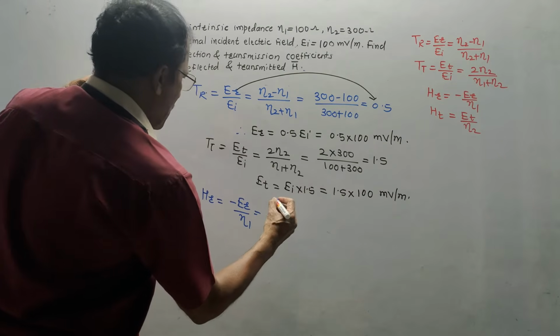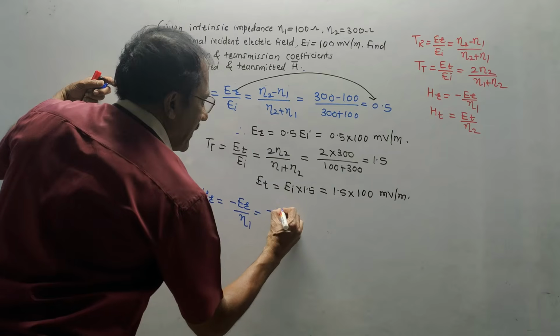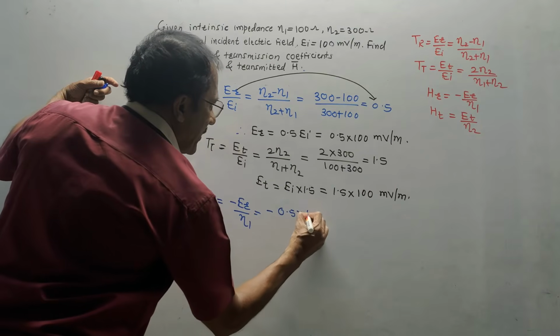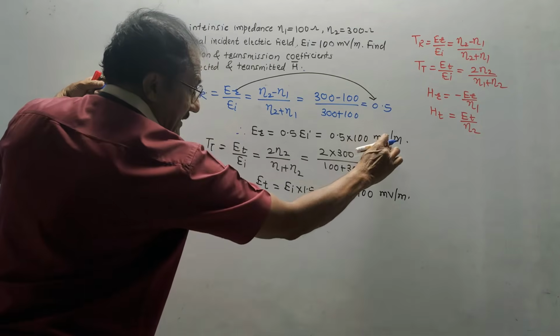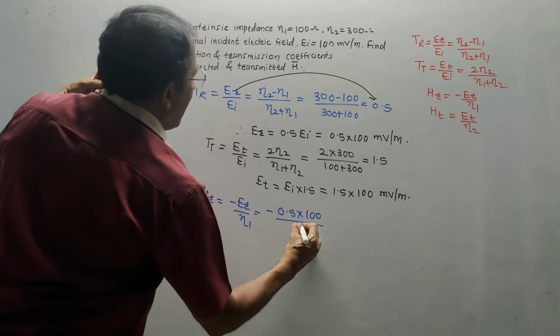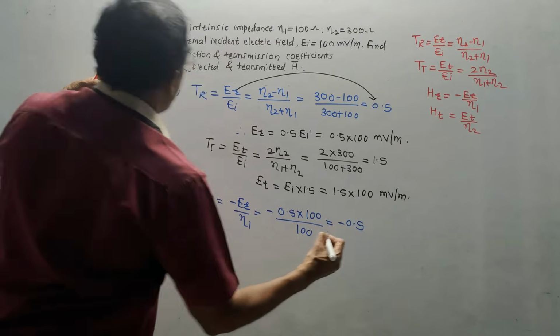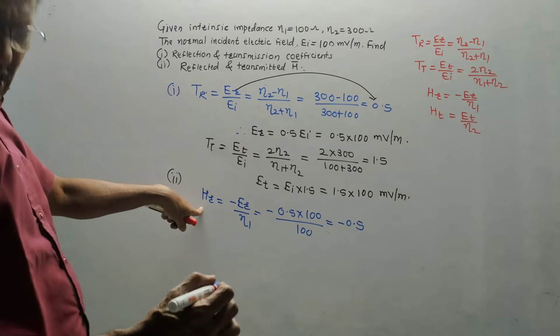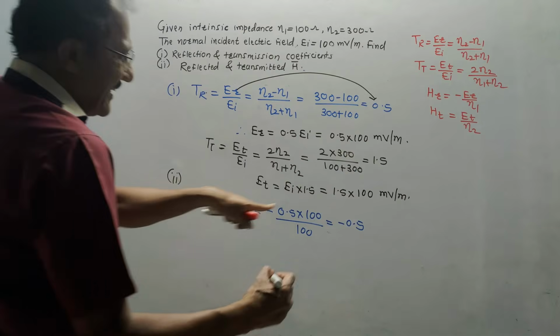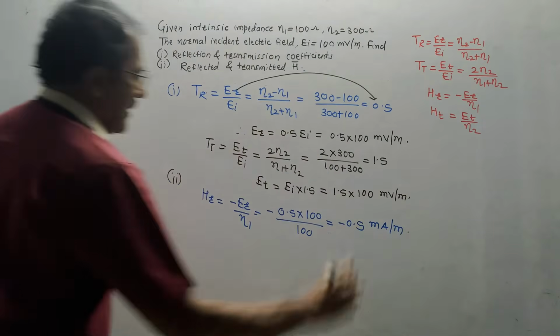So I will put the value of ER, which I have already calculated in the first part, minus 0.5 into 100. Do remember this is in terms of millivolt per meter, upon the value of eta 1. Eta 1 is 100. So it is minus 0.5. What about the unit? The basic unit of H is ampere per meter, but it is in terms of milli, so I will write it as milliampere per meter.